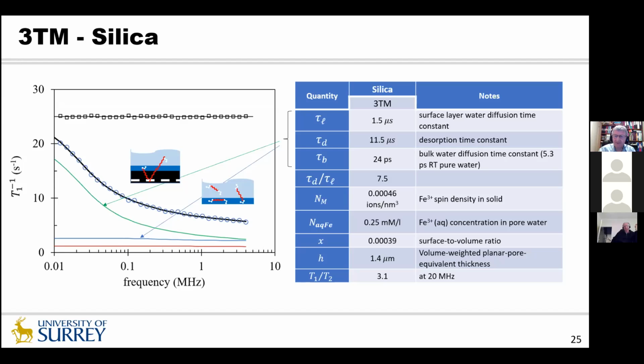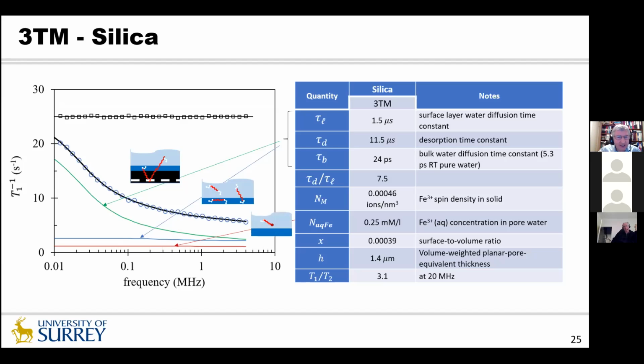We also have to add an additional element here, which is a roughly constant offset, which we believe is associated with a small concentration of iron impurities going into the water in the pore from the solid material.